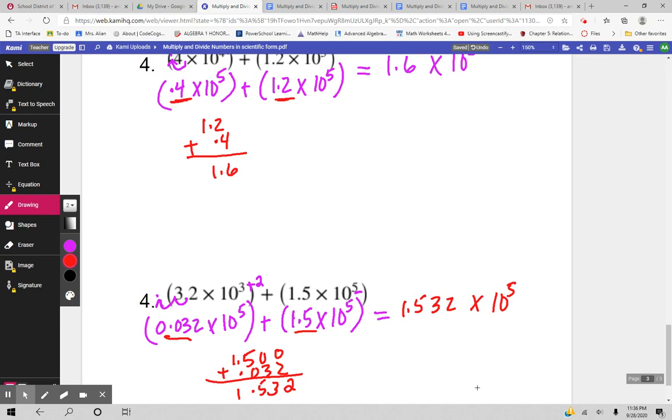Okay, so I forgot to give us a subtraction problem, so I'm going to come up with a subtraction problem right here. Let me erase this so I can have more workspace.